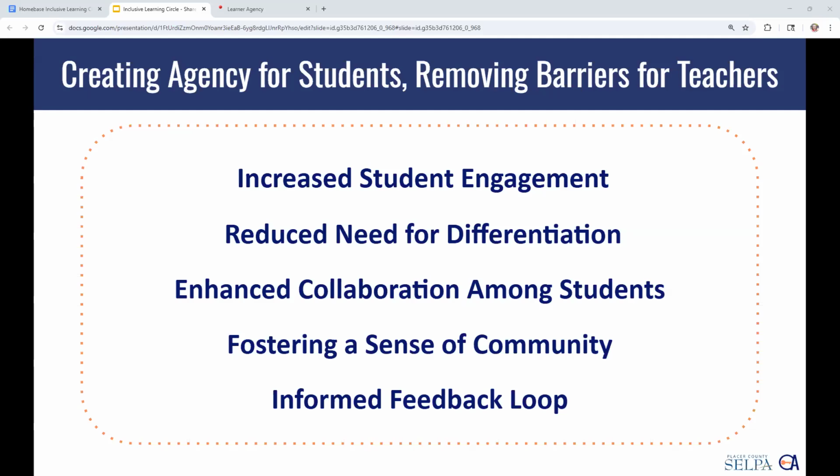When we can create opportunities for our students to collaborate, which is so often connected with learner agency, empowering our students to work collaboratively together, we can really see deeper connections between our peers.